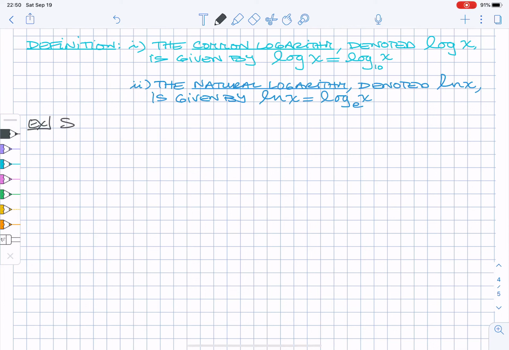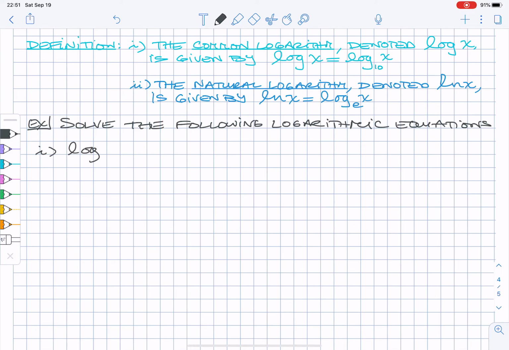let's solve the following logarithmic equations. Okay, so number 1, let's say we have log of 1,000 is equal to x.